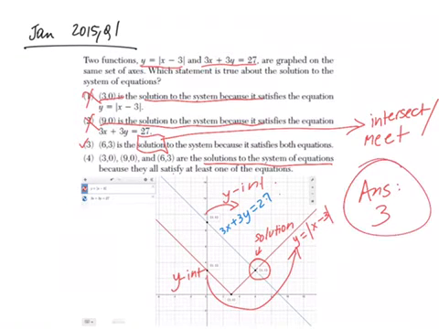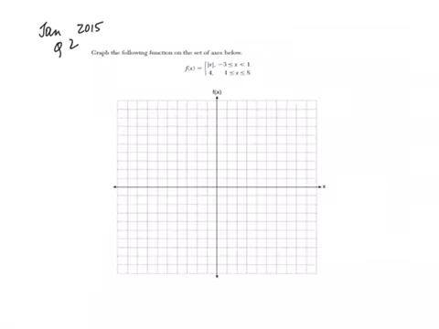And you can plot these graphs on your calculator and see where they intersect and find that point. Alright, so we've got to draw two graphs. Now remember this piecewise function or graph.